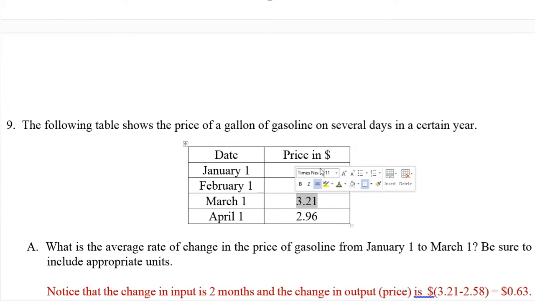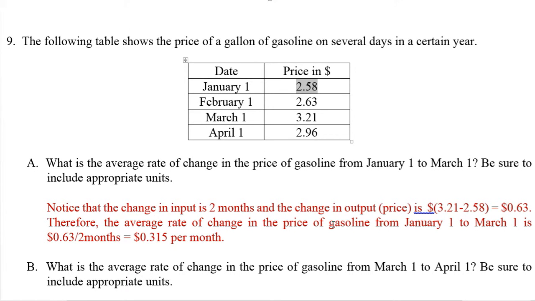And delta y is 3.21 minus 2.58, it goes up $0.63, 63 cents. So the average rate of change then is $0.63 per gallon per 2 month period. So that's $0.315 per gallon per month.